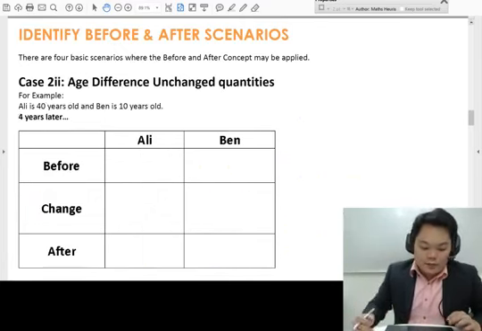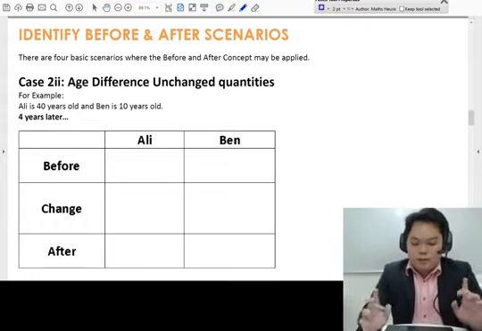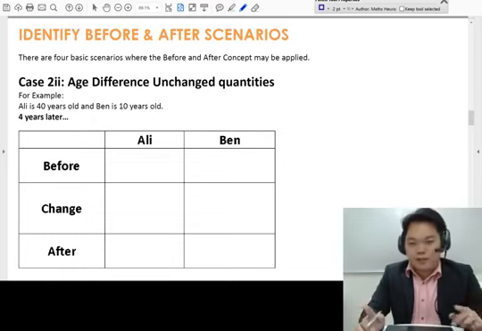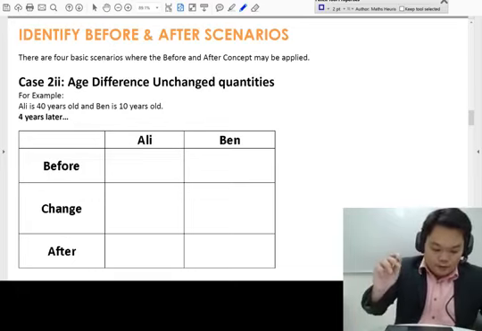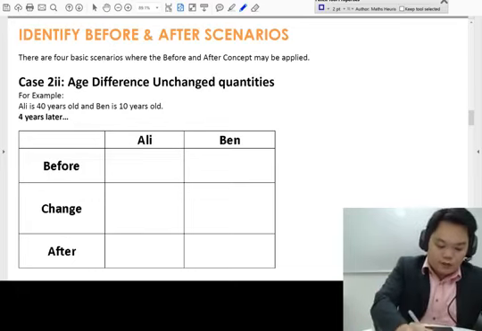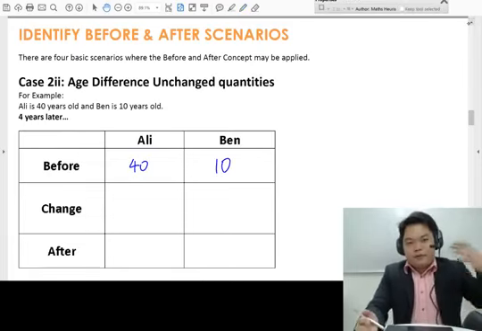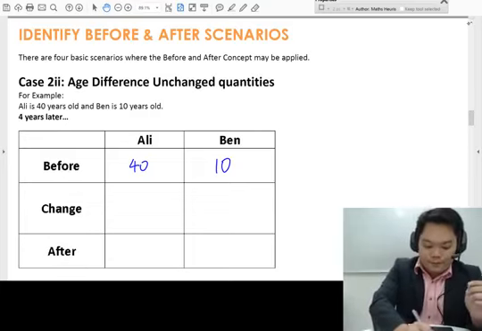The second part, which I also see very often on forums, is that the age difference between any two persons will always remain unchanged unless something happens to one of them. So if Ali is 40 years old and Ben is 10 years old, 4 years later, both of them will have to age by 4 years.